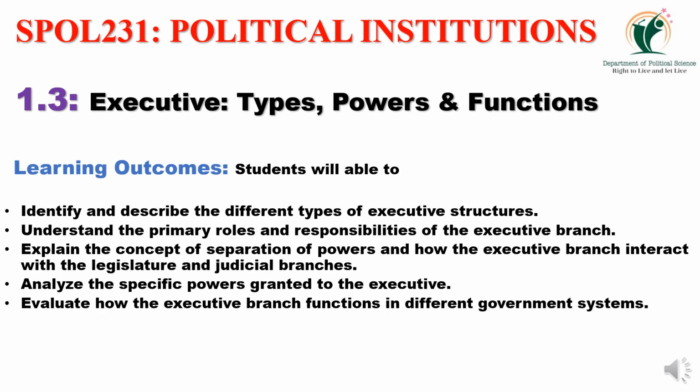By the end of this chapter, the learner should be able to describe the different types of executive structures, understand the primary roles and responsibilities of the executive branch, explain the concept of separation of powers and how the executive branch interacts with the legislature and judicial branches, analyze the specific powers granted to the executive, and finally evaluate how the executive branch functions in different government systems.